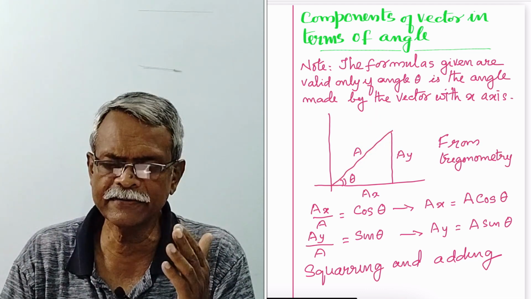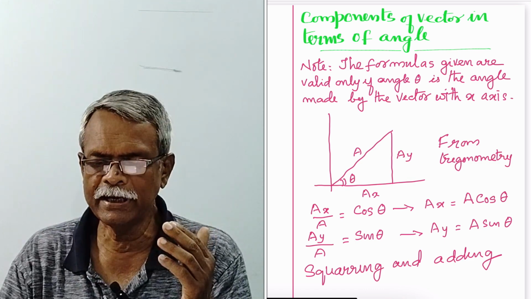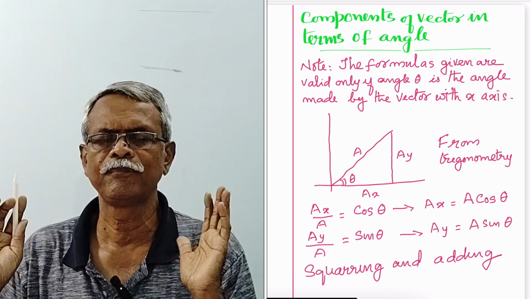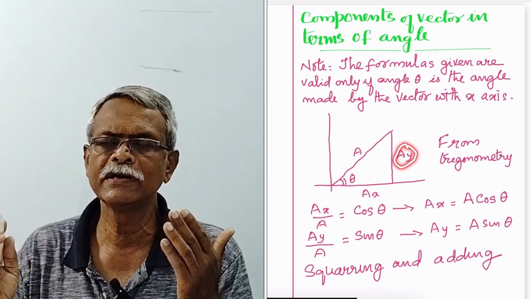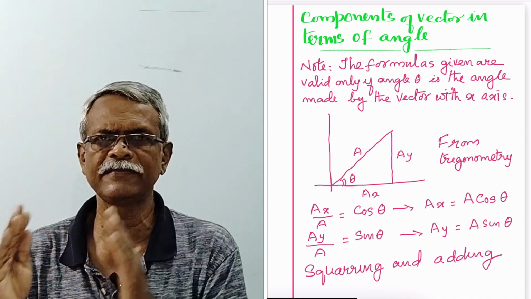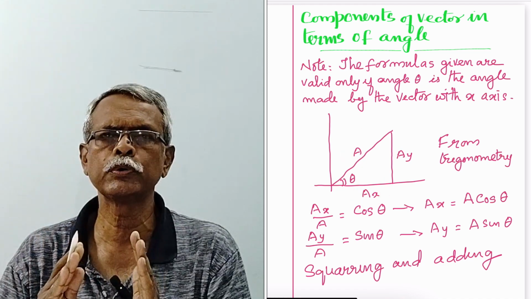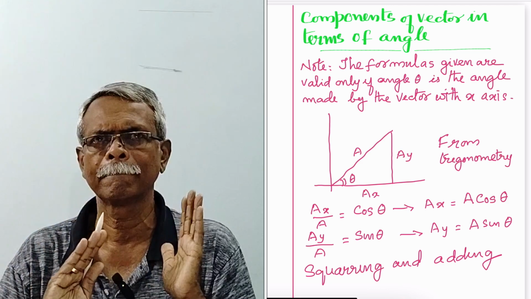Therefore, ax divided by a is equal to cos theta, ay divided by a is sin theta. You can therefore write ax in terms of a and theta, that is ax is equal to a cos theta, ay is equal to a sin theta.